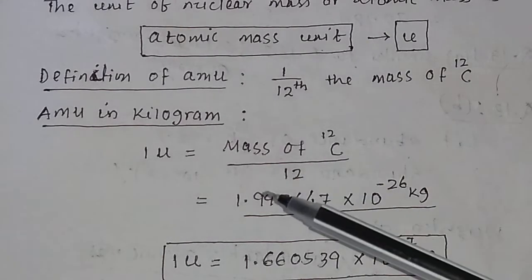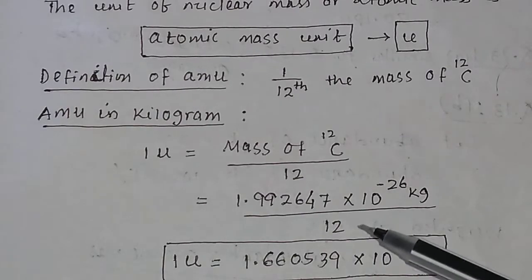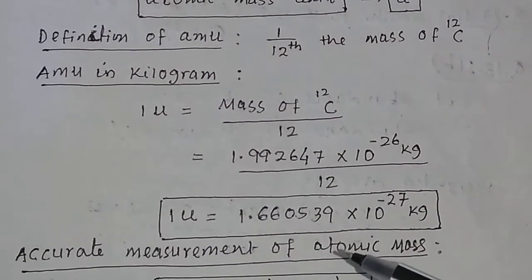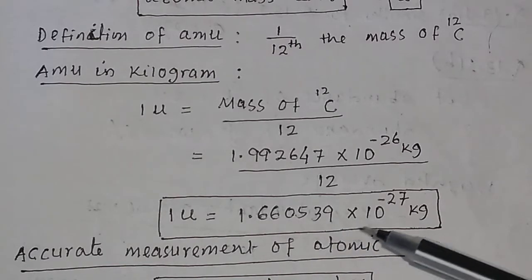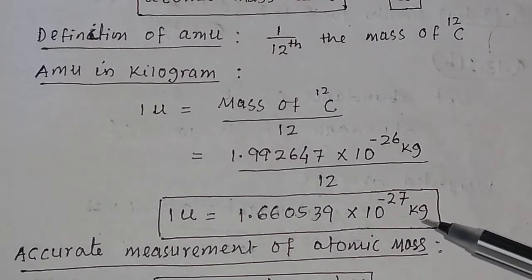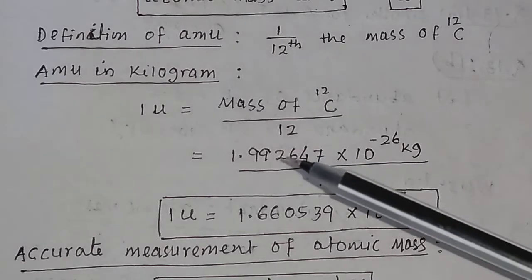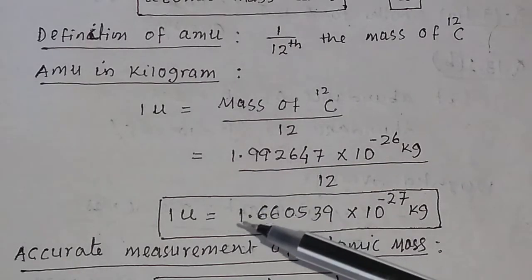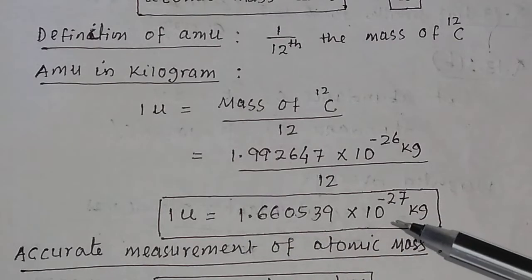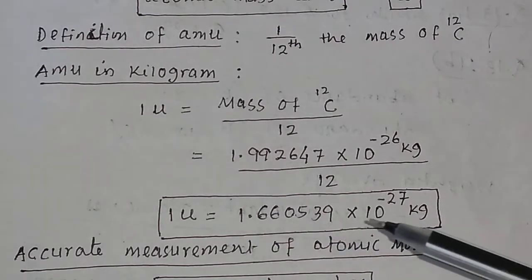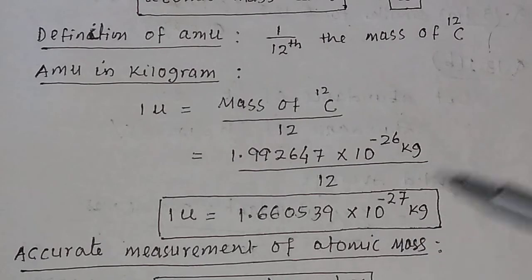If you divide this by 12, you get 1.660539 into 10 to the power minus 27 kg. So this is the mass of 1 atomic mass unit in terms of kg. You see, this is a very small value.